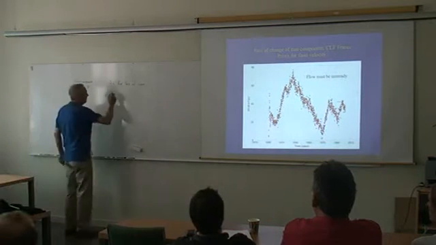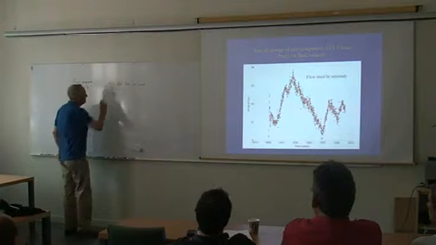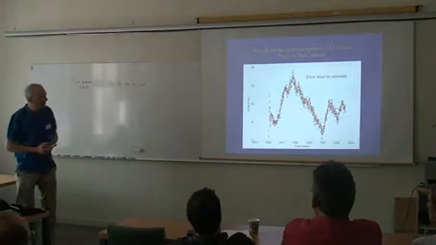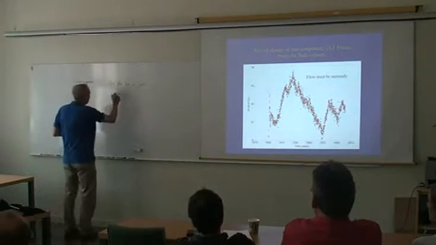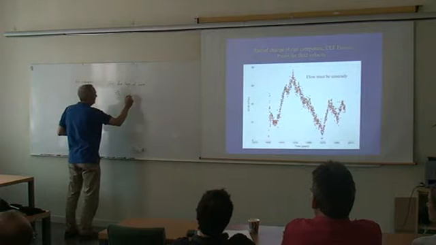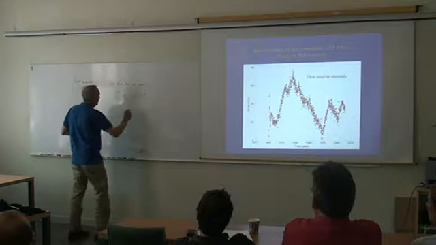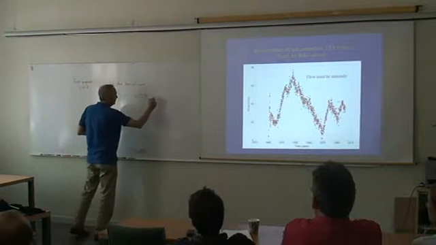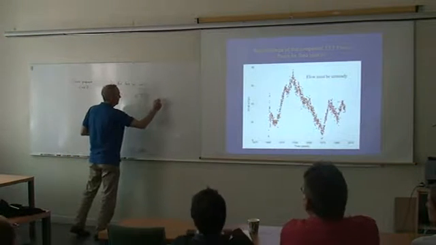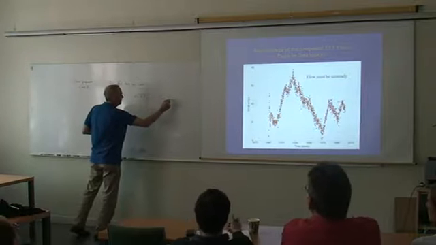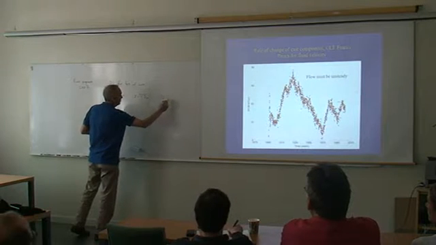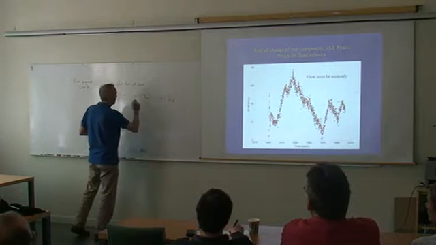If we were to write the equation governing the way that the magnetic field changes in time, we'd have an equation something like this: dB by dt is equal to minus v dot grad Br, minus Br times the horizontal divergence of v.